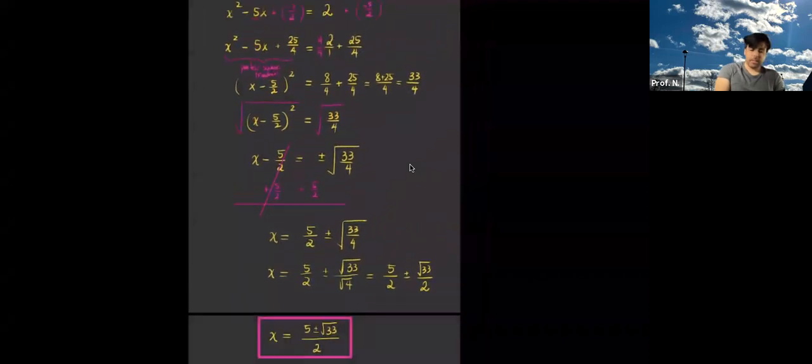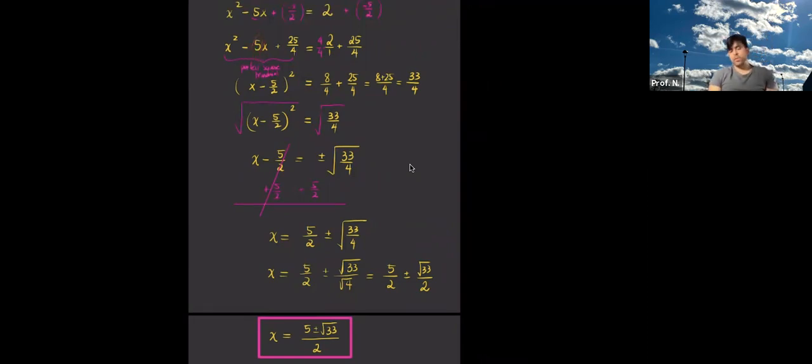So the idea behind this example is that it's possible to apply the completing the square method to a scenario where the number in front of the x is no longer even, but actually odd. And the key step here is from here to here.